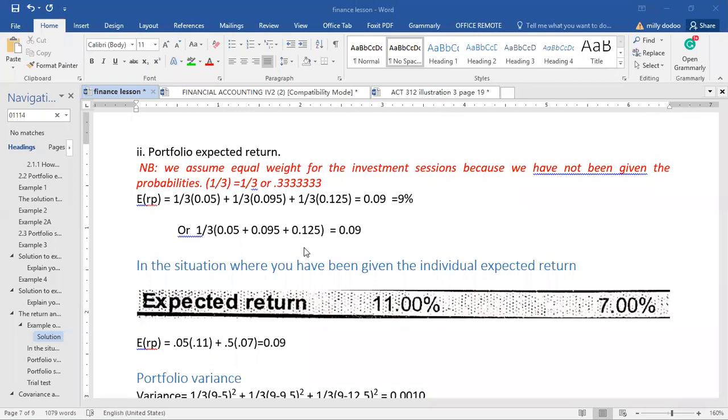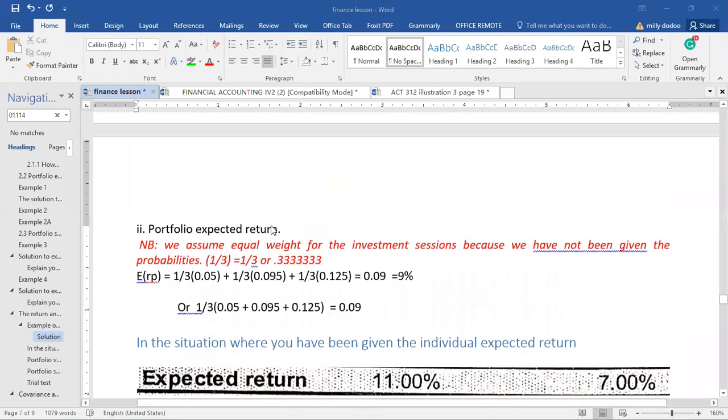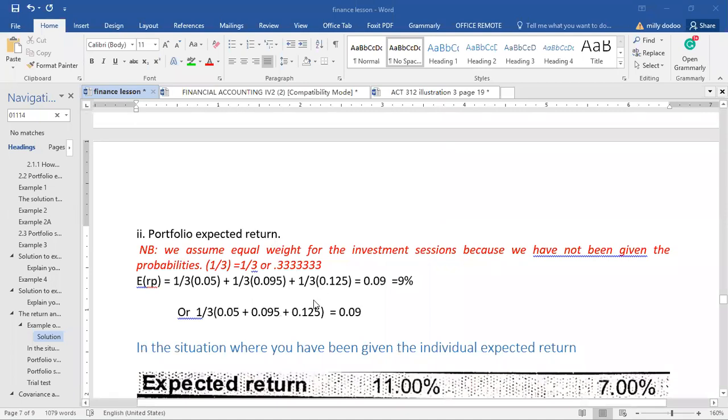So anytime we are working, kindly use your calculators and double check the answers and see if what I have put on the screen and the answers here are matching, because I may make a mistake. So this is the situation or the circumstances where you calculate the portfolio expected return when you have not been given the individual investments return.